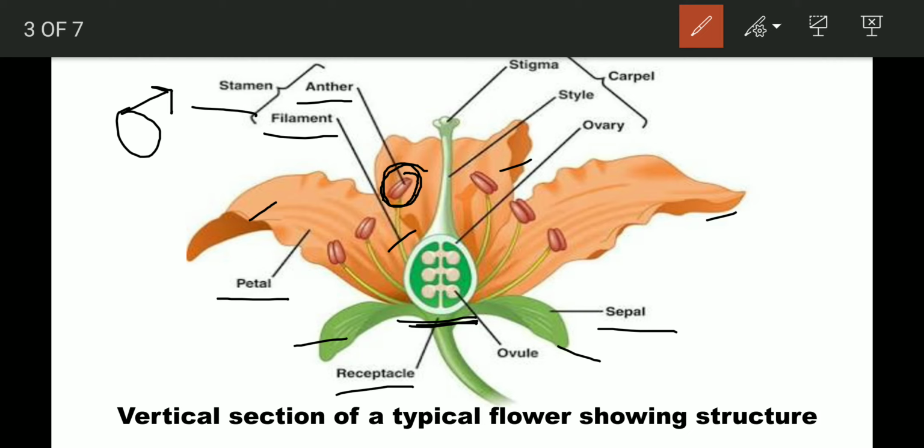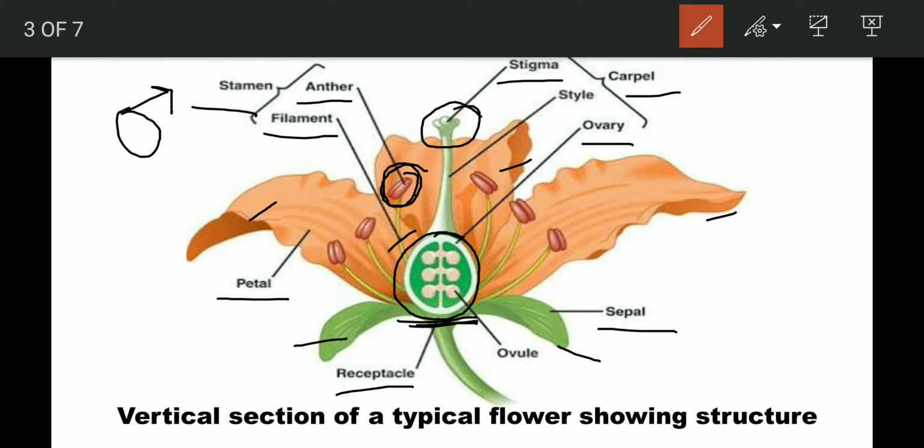And here is the carpel. Carpel is the female reproductive part of the flower, and it consists of three parts. This top receptive spot is called the stigma. And this basal, swollen portion is called the ovary.